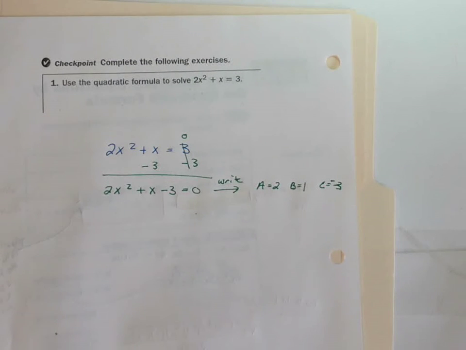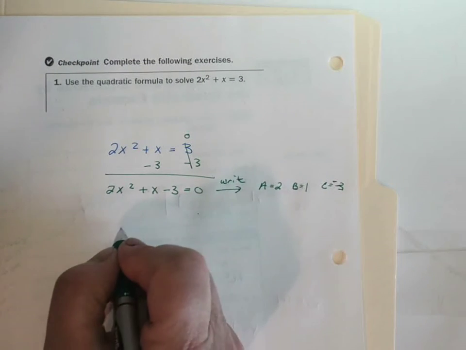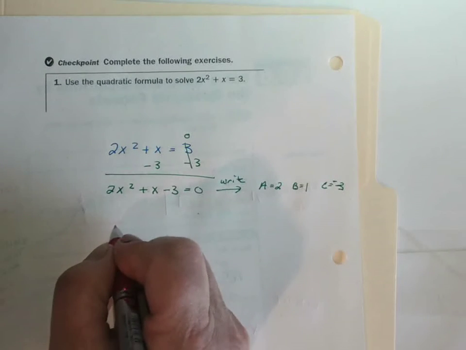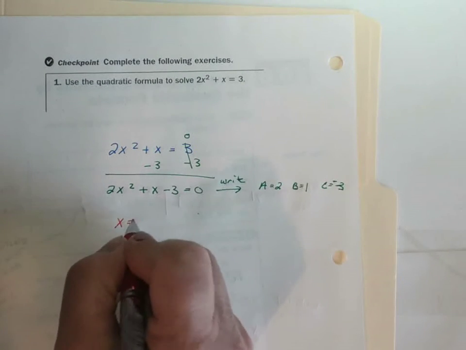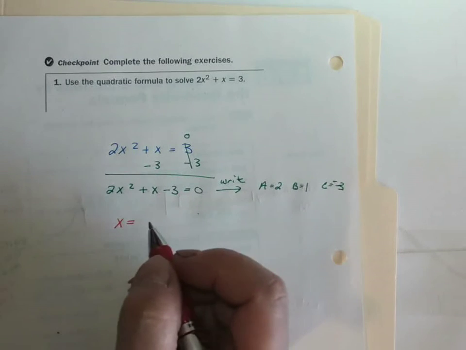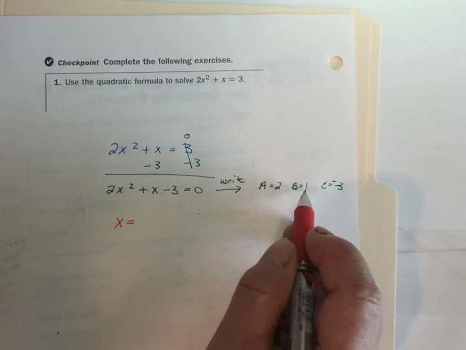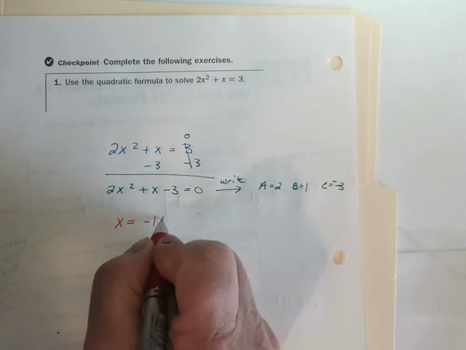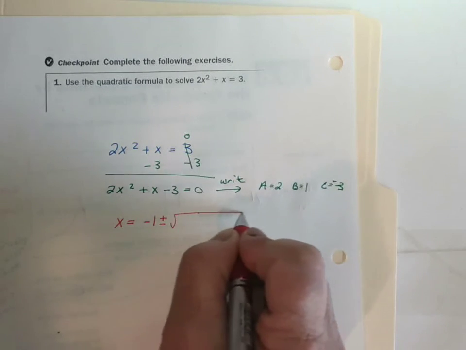All right. So now we're going to go through, we're going to use the quadratic formula. X equals, well, what's the opposite of B? B is 1. The opposite of B is -1 plus or minus the square root.